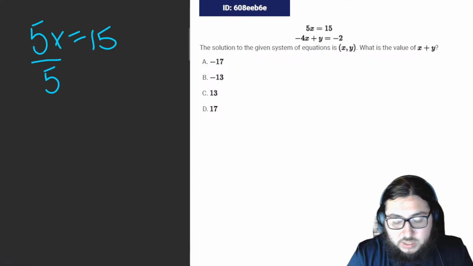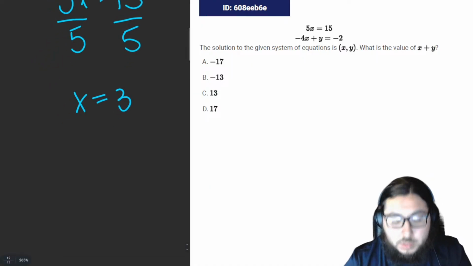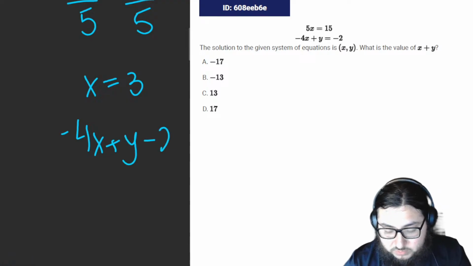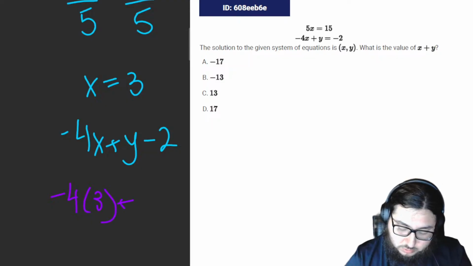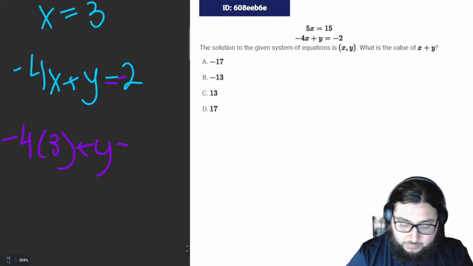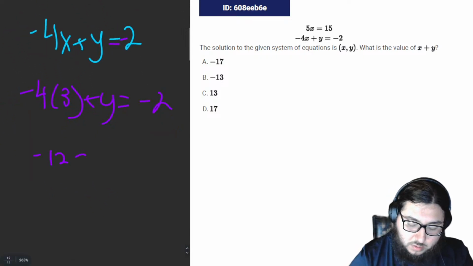Dividing by 5 on both sides gives us that x is equal to 3. Negative 4x plus y is equal to negative 2. Substitute 3 in this expression. So negative 12 plus y is equal to negative 2.